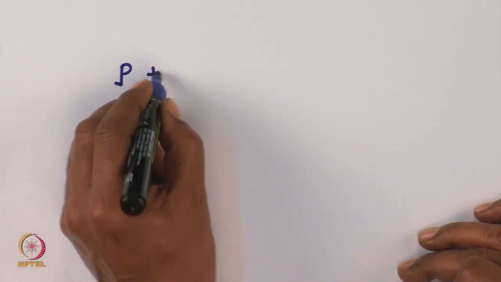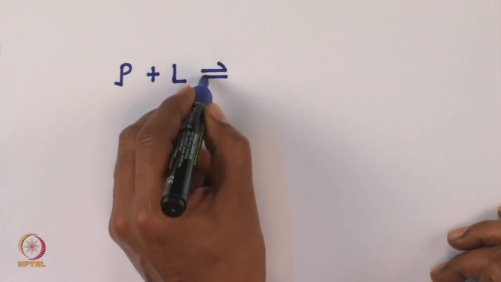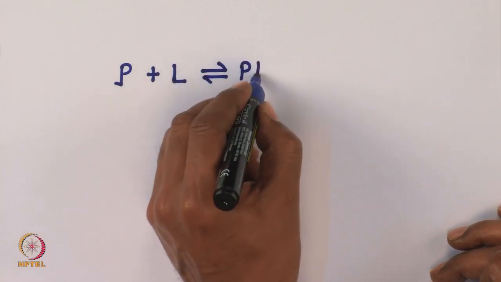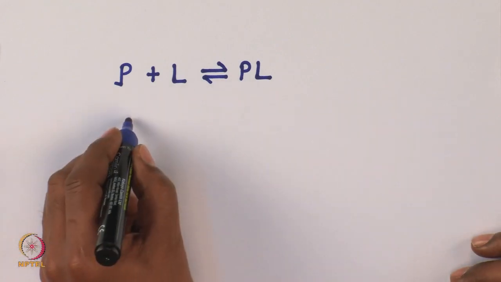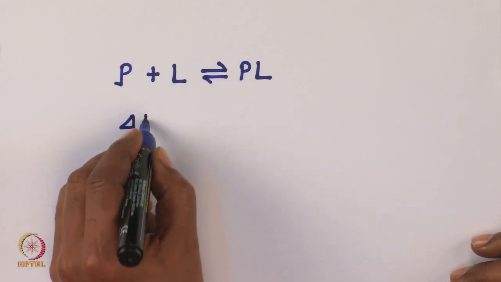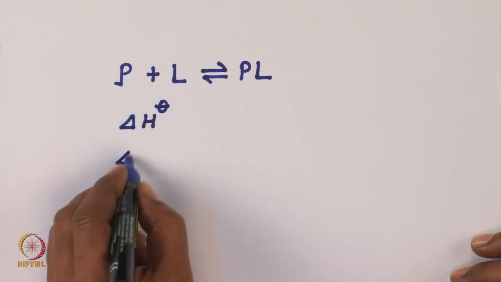When protein, for example, let us see over here, is interacting with a ligand, what we are getting is a complex of P with L. Along with this, we have delta H naught and we have delta S naught.